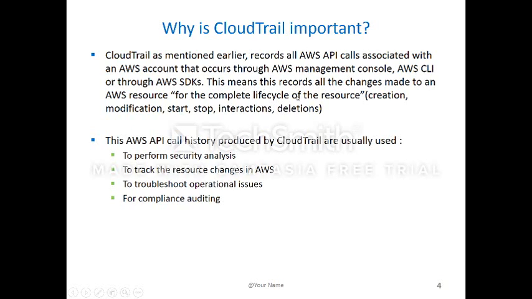This means it records all the changes made to an AWS resource for the complete life cycle of the resource, meaning the creation, modification, start, stop, interactions, deletions, the entire life cycle. This AWS API call history produced by CloudTrail is usually used to perform security analysis, to track resource changes in AWS, to troubleshoot operational issues, and for compliance auditing.